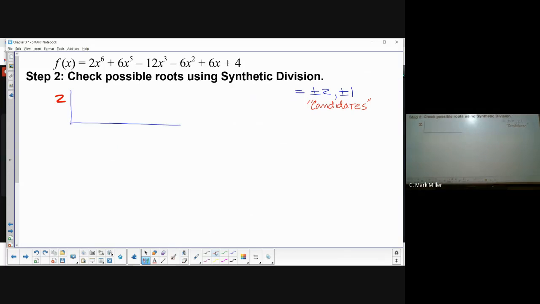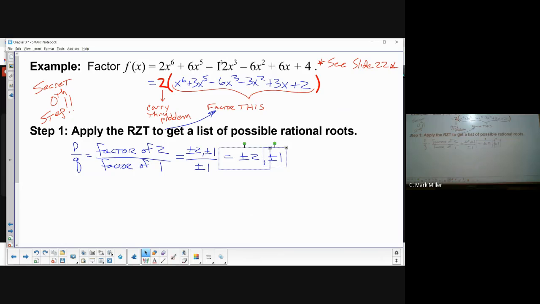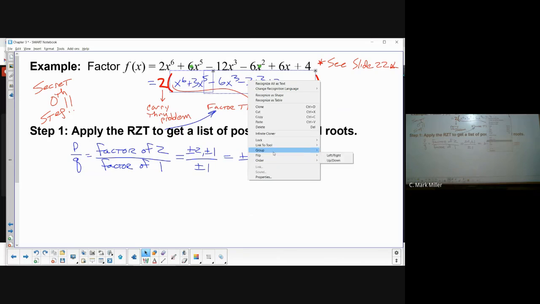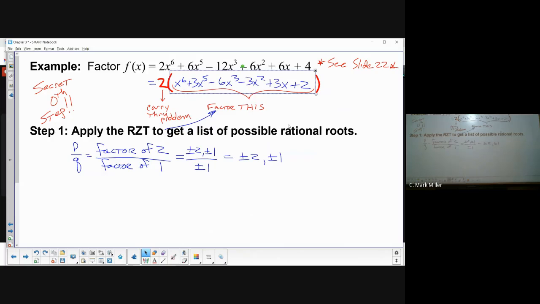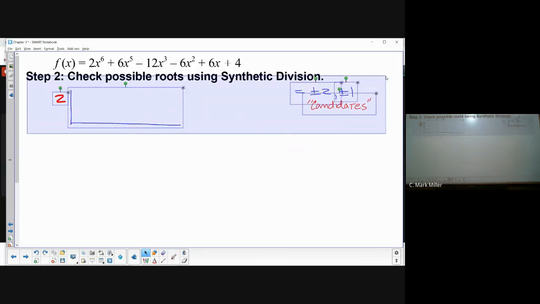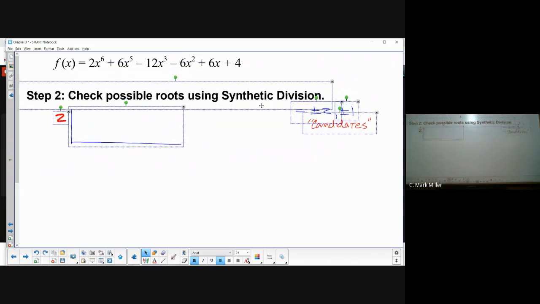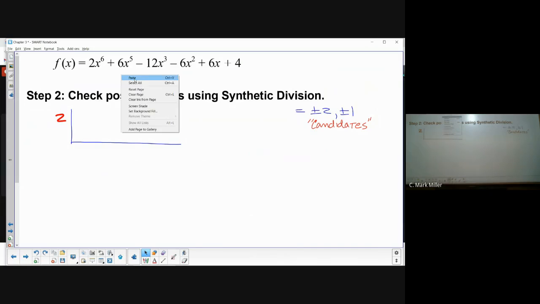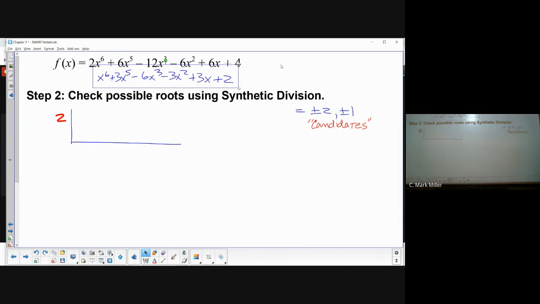Now you take the coefficients of your original function. This is the function we're trying to factor. This is important, actually. We decided that that was the same as this. We're going to factor this, right?